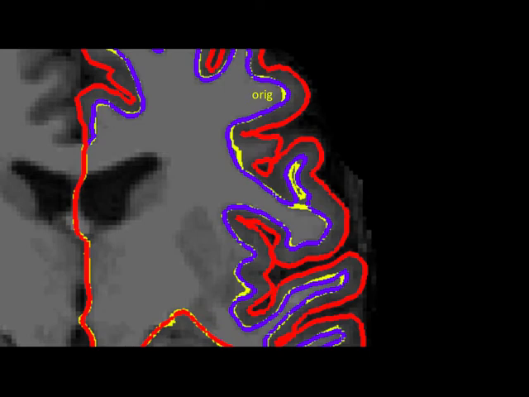FreeSurfer does a first pass estimate of where the boundary is between the white matter and the gray matter. And that's called the orig, or original surface, like an original guess. I've highlighted that here in yellow. That doesn't get used for calculating your final statistics, but it can be useful for troubleshooting, as we'll see in the soft failure modes next week.